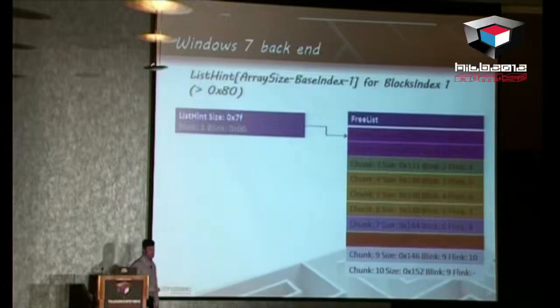So what happens if there's a size greater than 1024? There used to be free list 0 where you could insert the chunks. Nowadays, in the list hint, it's actually the list hint bucket -1, I believe, and it's in the first blocks index, of which there are 2. Let me rephrase.